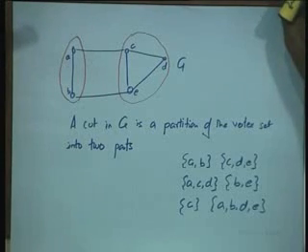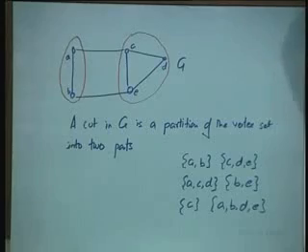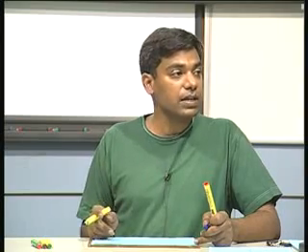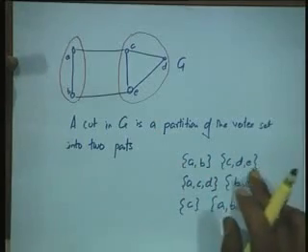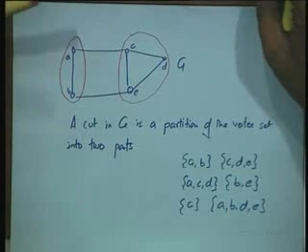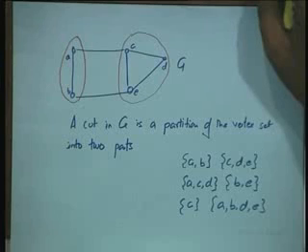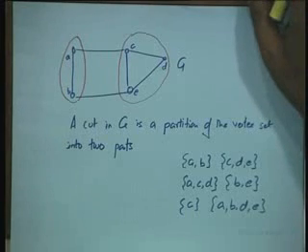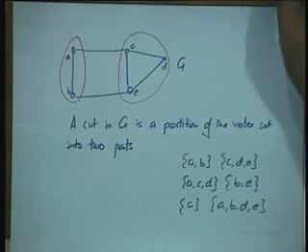These are all examples of cuts in the graph. How many cuts can there be in a graph? 2 to the power n? Every element has two choices, either left or right, so there are 2 to the n different possibilities.